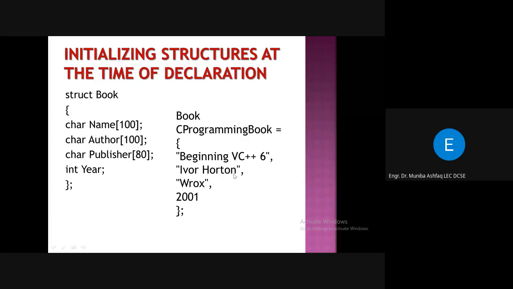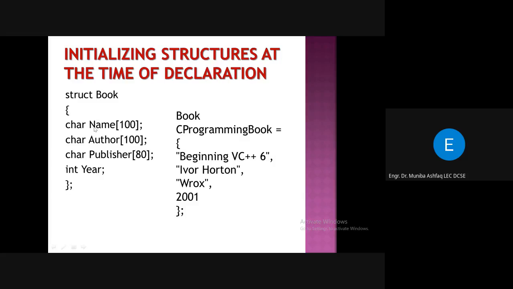Then Ivor Horton, this is the second, this will be assigned to the second data member. And then publisher, and then 2001 will be assigned to the year. So it will be according to the sequence of the data members within the structure. You have to write the corresponding values within these curly brackets when you declare the structure object.